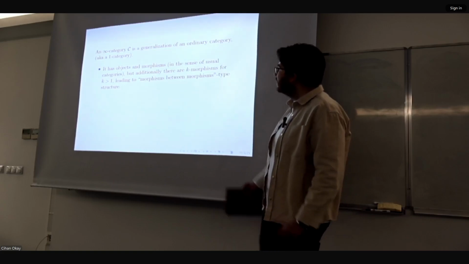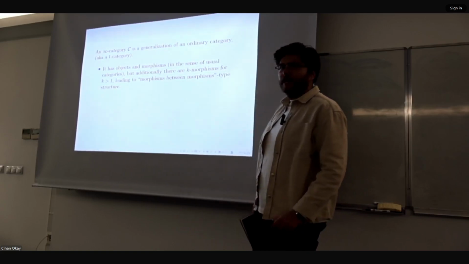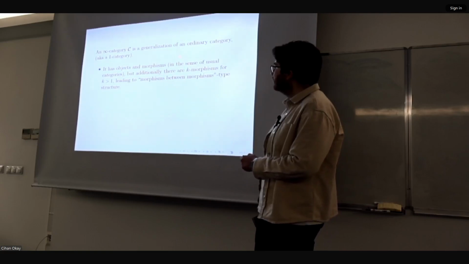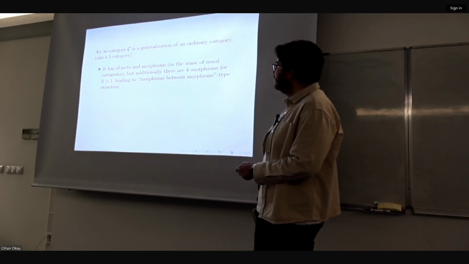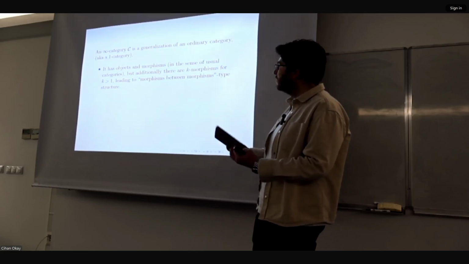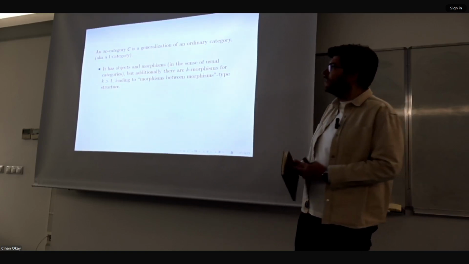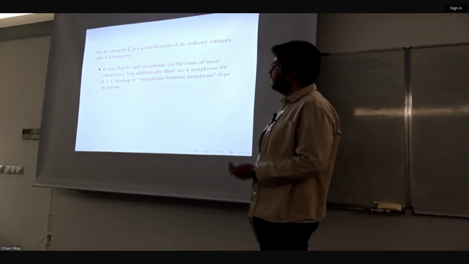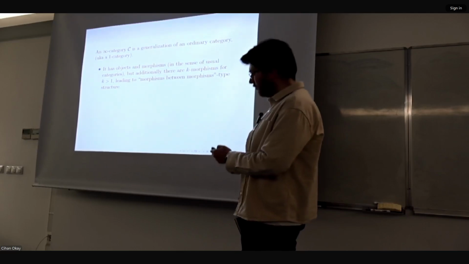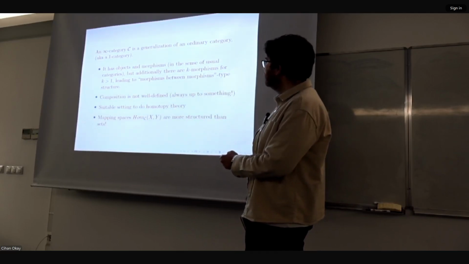But the additional data is that you will have k-morphisms, a machinery of maps between maps, and you have enough framework to capture this kind of property. We will discuss the details later.